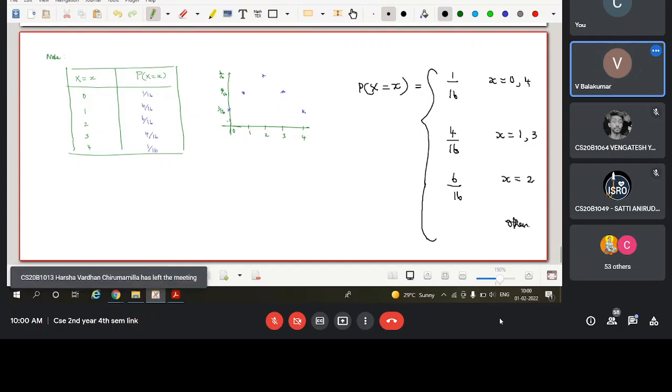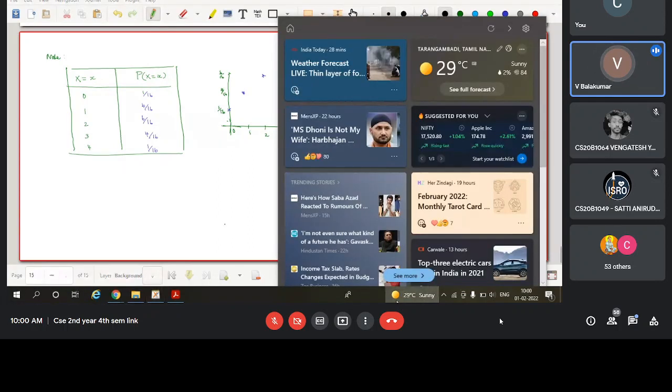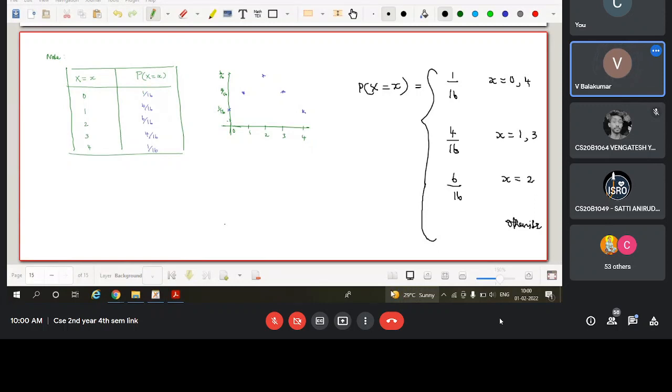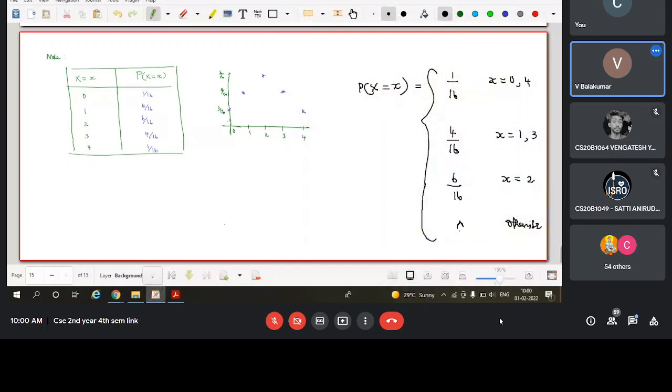Otherwise, what do I write? Suppose x equals 7, what is the probability? Somebody tell me. Quick. 0. That's it, exactly. These are the 3 ways of writing the probability rule for the random variable from that experiment.